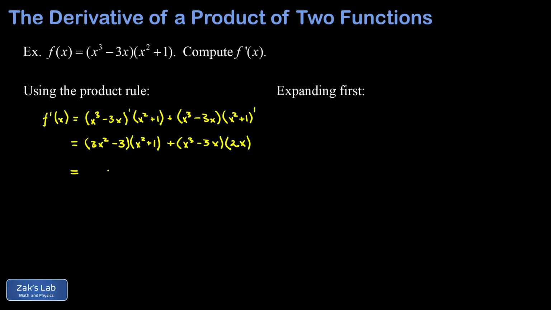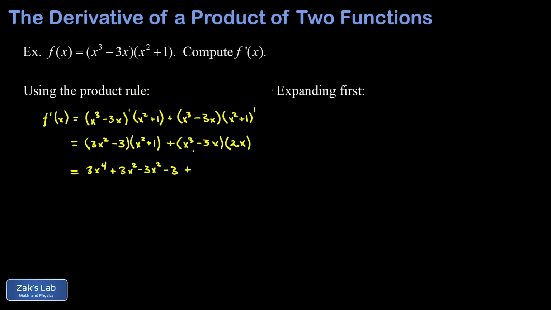So we want to expand everything here and combine like terms, and ideally write it in descending order. It just gives us a uniform basis for comparison, and because we're trying to compare this with another method, we should put everything into the most standard form we can. So when I expand this first product, I end up with a 3x⁴ + 3x² − 3x². So our cross terms cancel here, and then I have a −3.